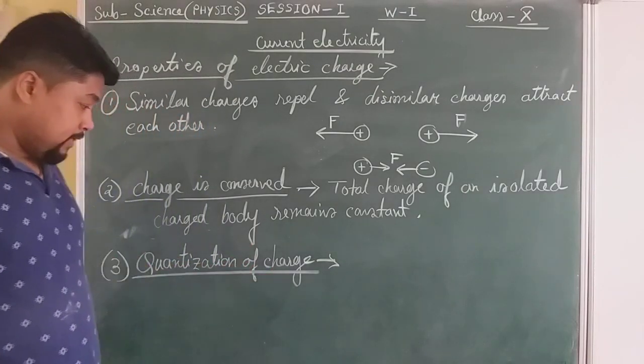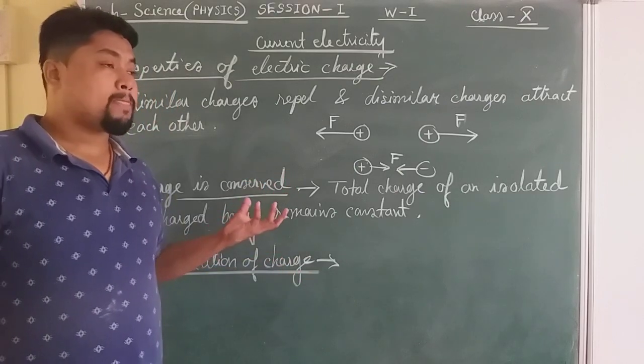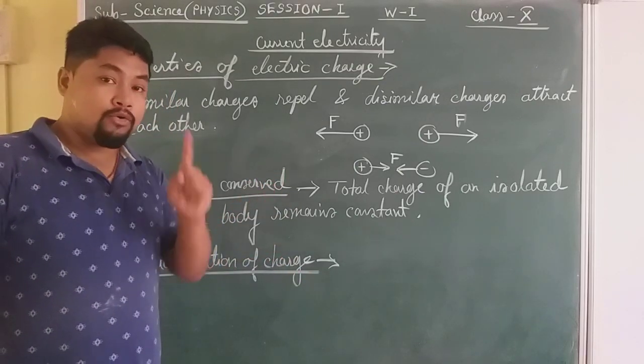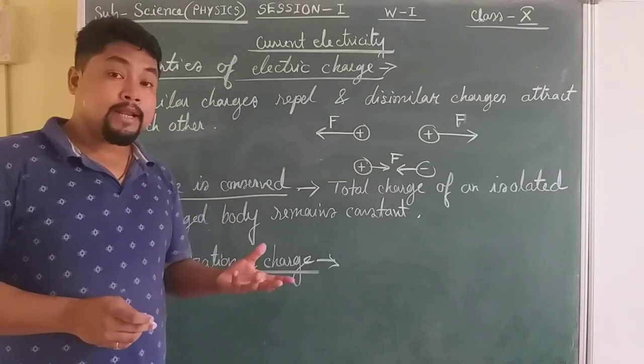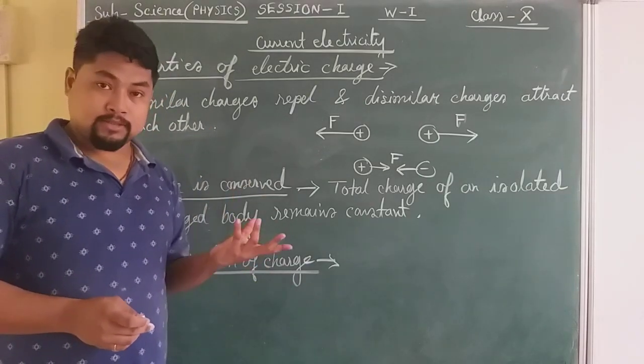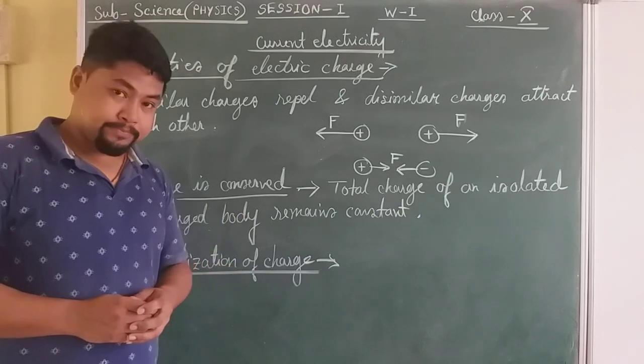The statement of this property is: the total charge of a charged body is equal to the integral multiple of the electronic charge. Electronic charge means the charge of an electron.